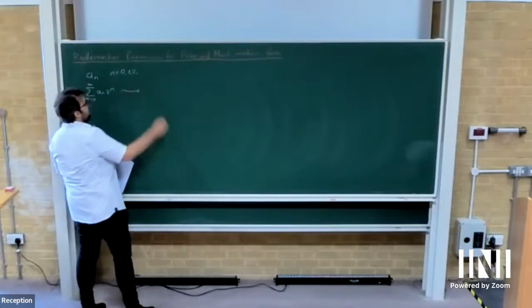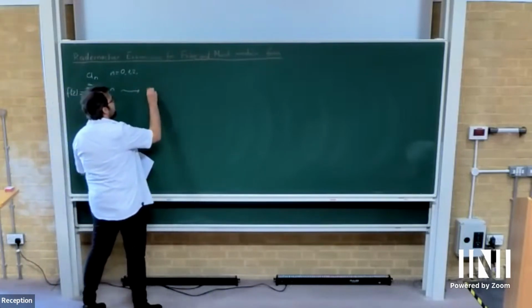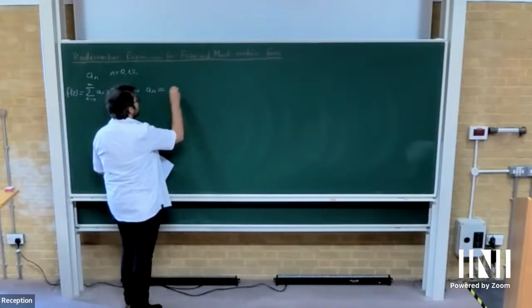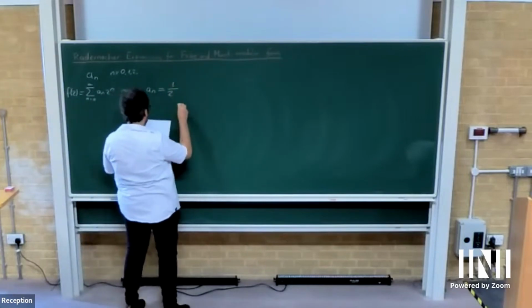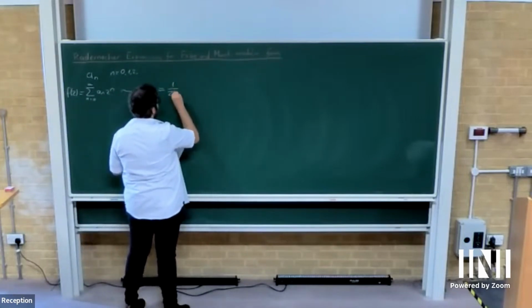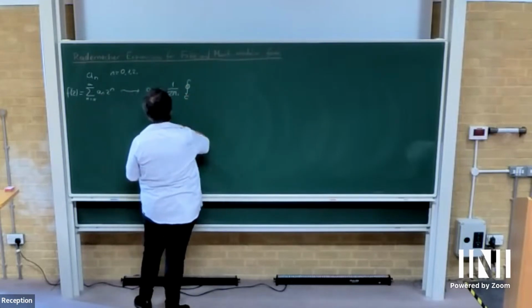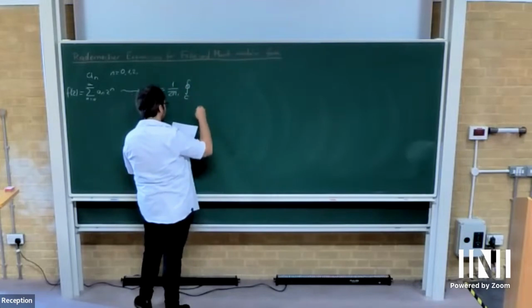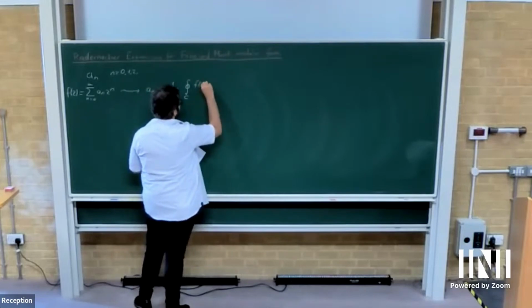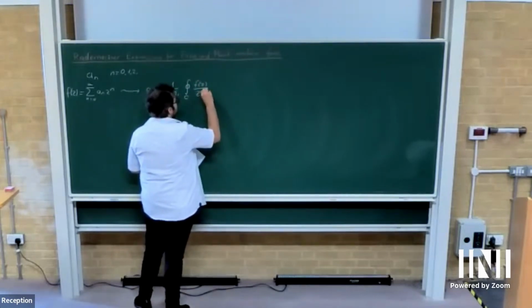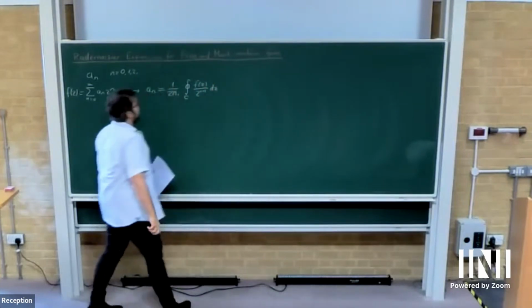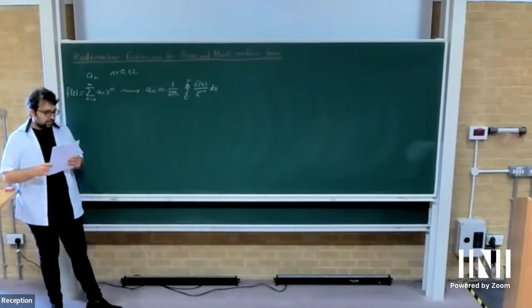After the advent of complex analysis, of course, you can do much more. You can extract the Fourier coefficients with contour integration for any contour that surrounds the origin and is within the radius of convergence. You can form the integral over here and try to study a_n by studying this integral.